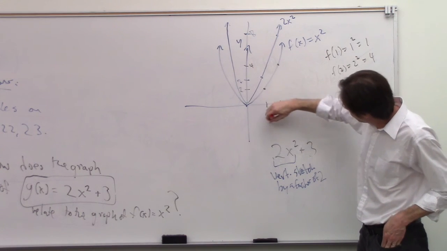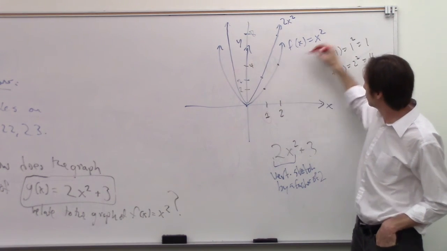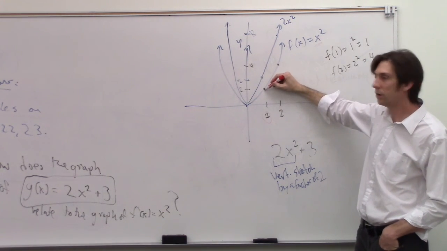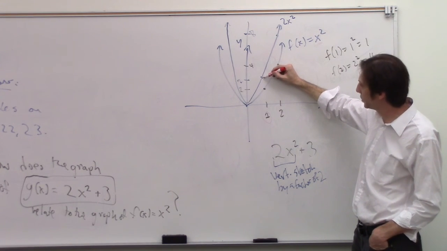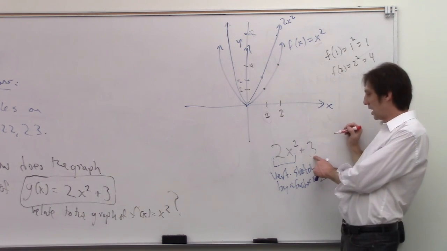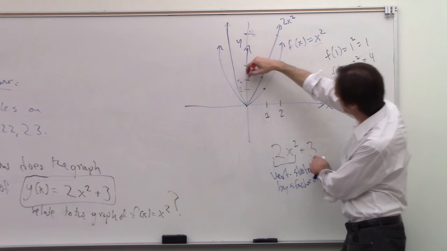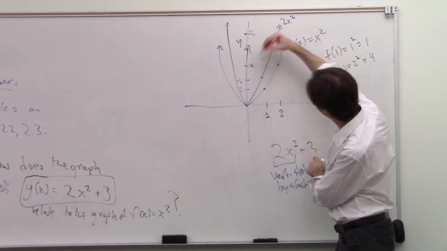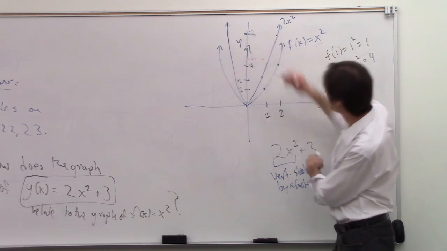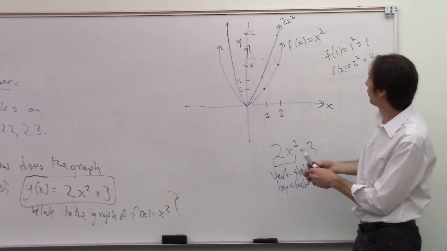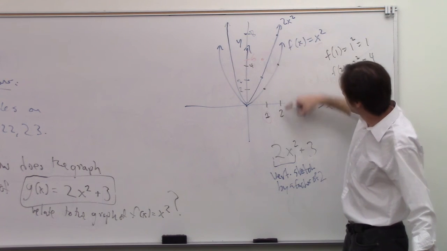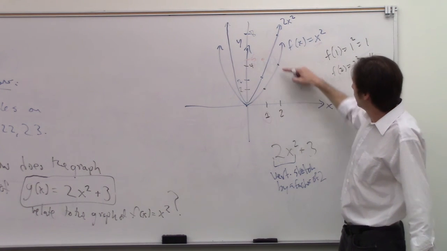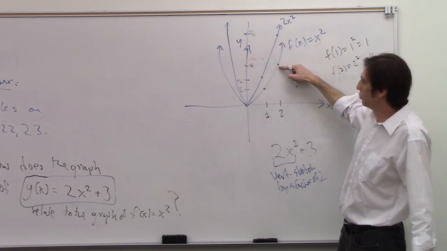when I had my input of 1, initially for x squared I got a height of 1. For 2x squared I was up at a height of 2, but this time I need to then add 3, so instead of being at 2, I'm going to be at 5. Yeah, it's kind of hard to see. For this value here, when x is 2, my initial graph, x squared, put me at a height of 4.